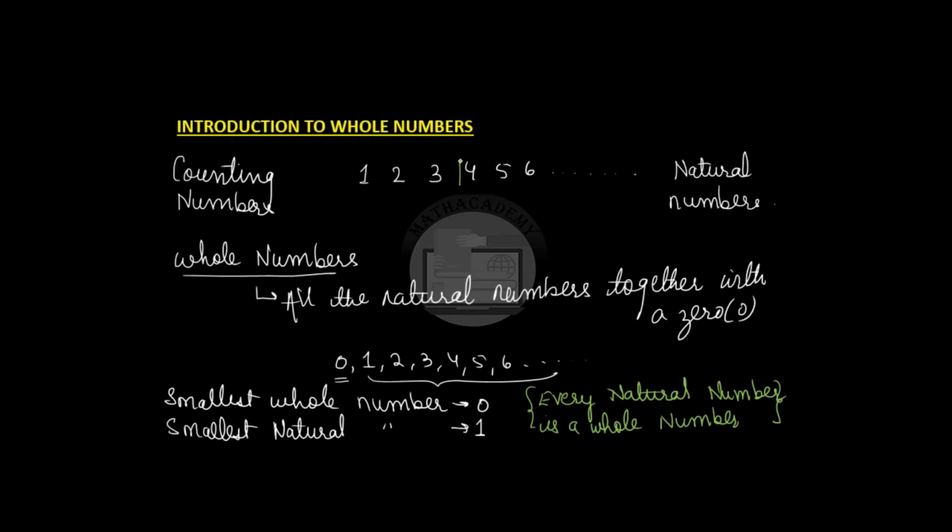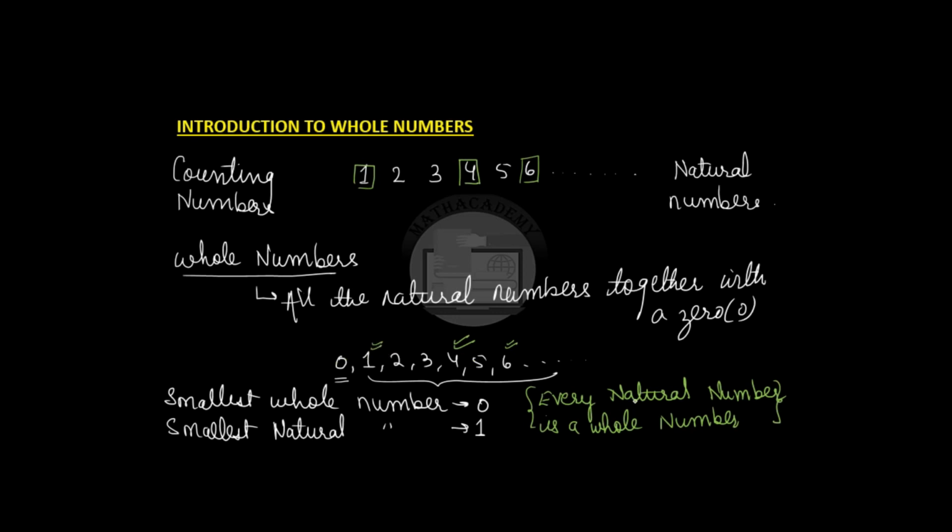Suppose I take a natural number 4. Do we have the same natural number in the set of whole numbers? Yes, we do have. Let us take the natural number 6. We have the same number 6 in the whole numbers too. Let us take the natural number 1. We have 1 in the set of whole numbers too.